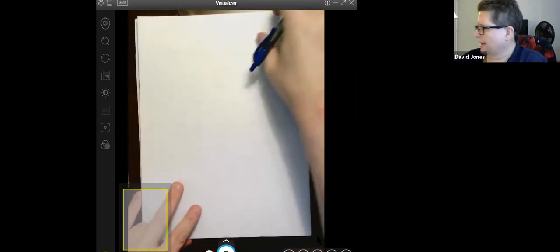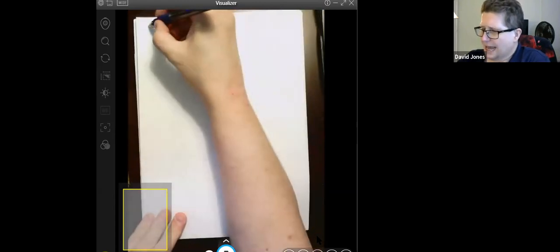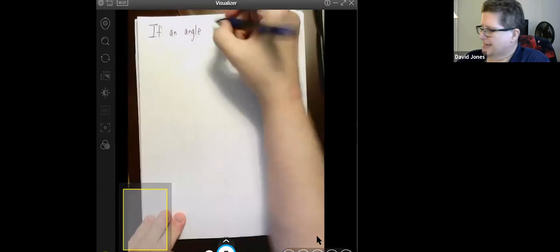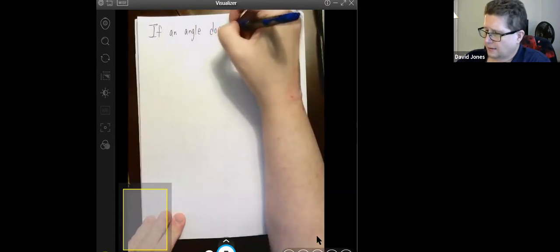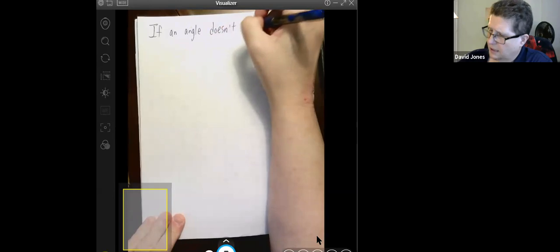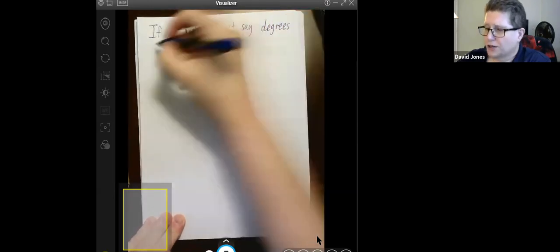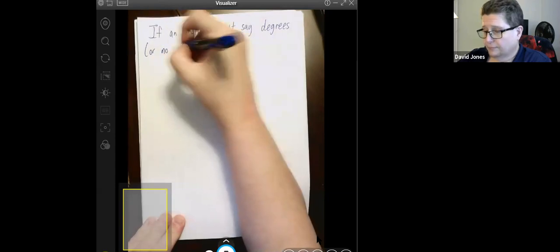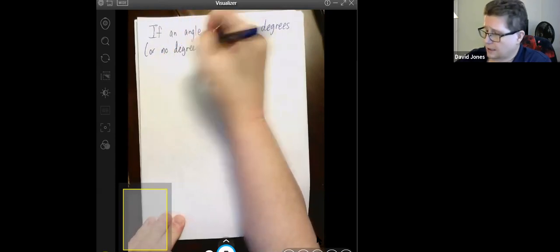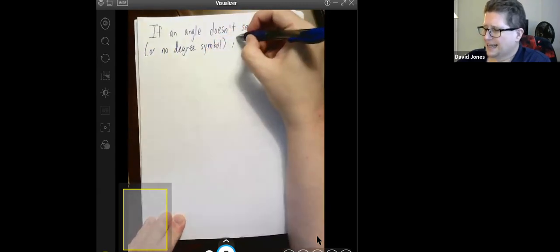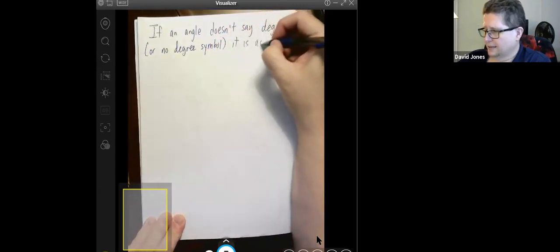So more about that. If an angle doesn't say degrees, or no degree symbol, it is assumed to be in radians.